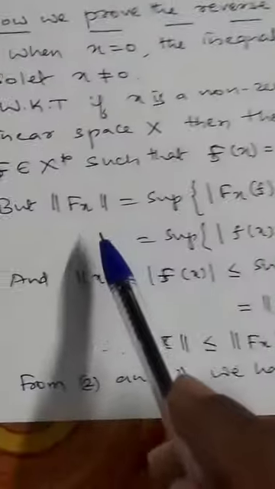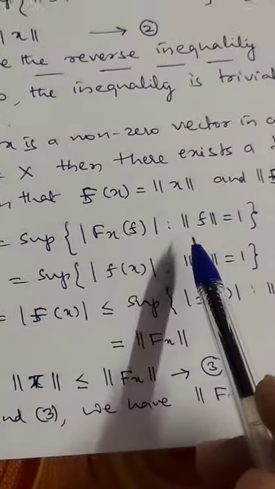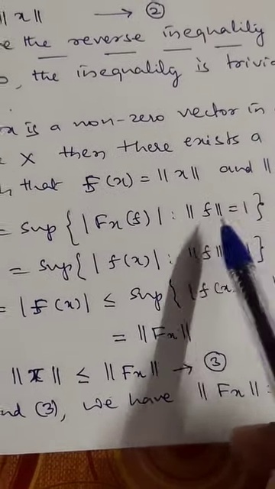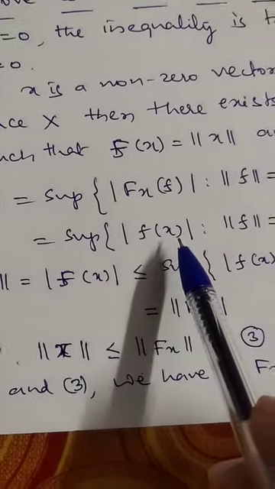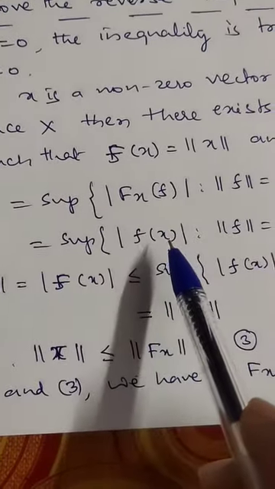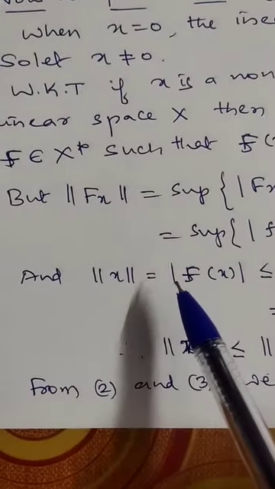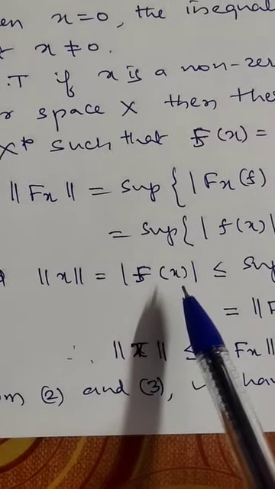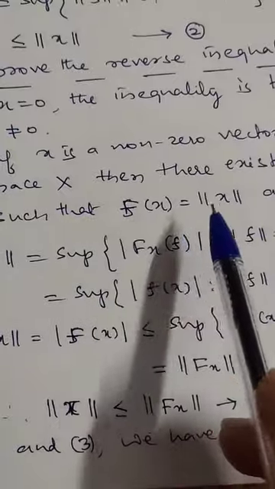But what is norm of Fx? It is the supremum of |Fx(f)| such that norm of f is equal to 1, by definition of the norm. So this is equal to the supremum of mod of f of x, since Fx(f) is f of x, such that norm of f is equal to 1. And also, norm of x is mod of f of x, which is equal to norm of x.